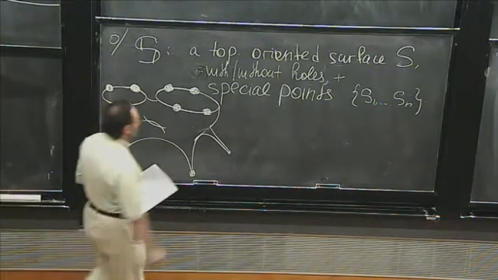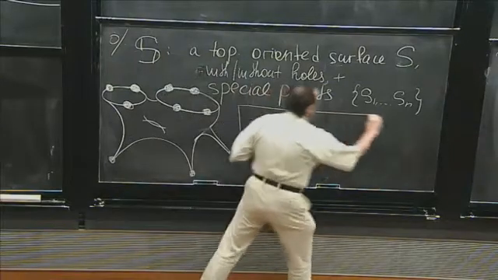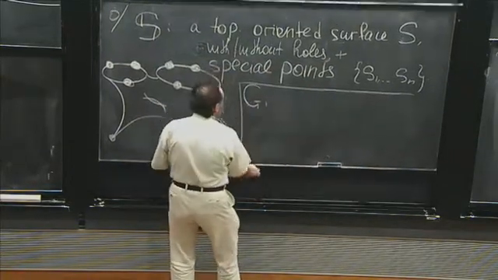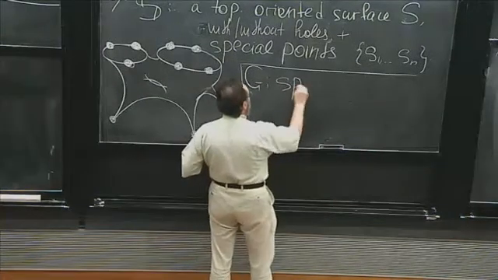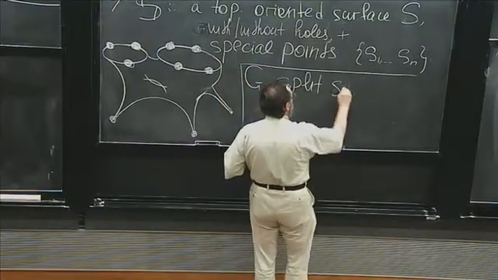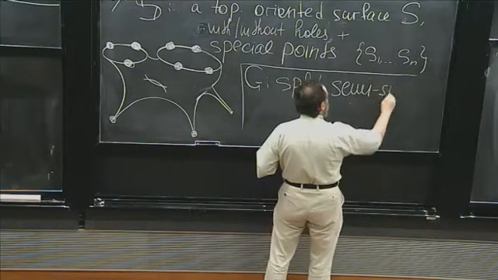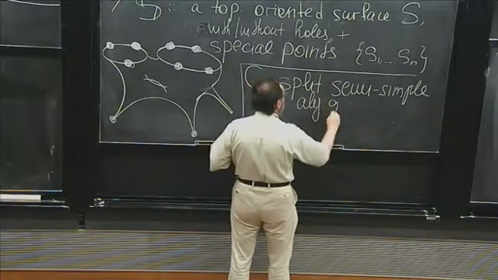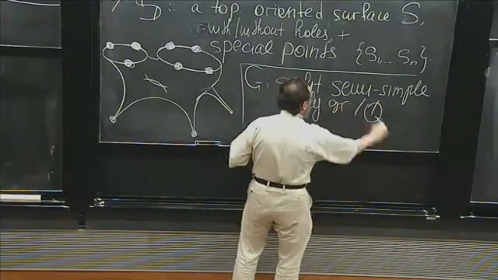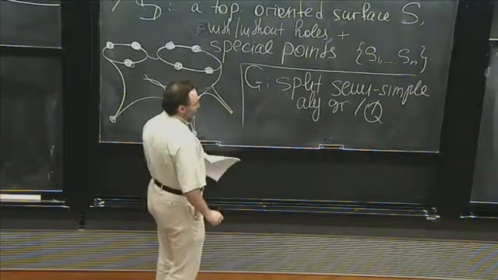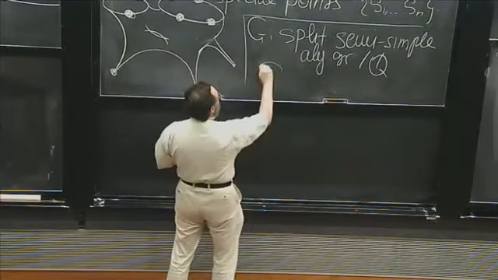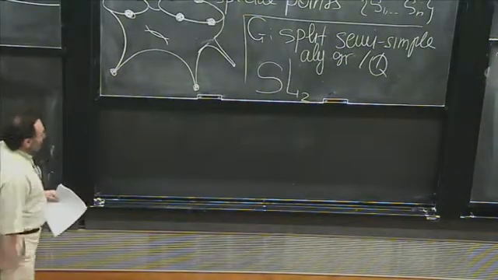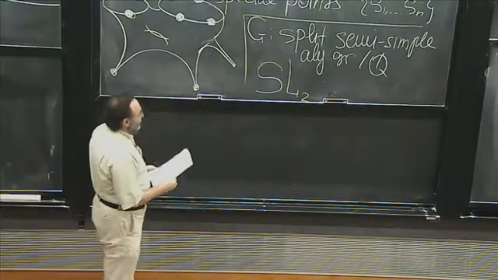Now also, I need an input from Lie groups, so I have G, which is a split semi-simple algebraic group over Q. And for all practical purposes, you can assume that this group is SL2 almost all the time, because the story will be new in this case already.